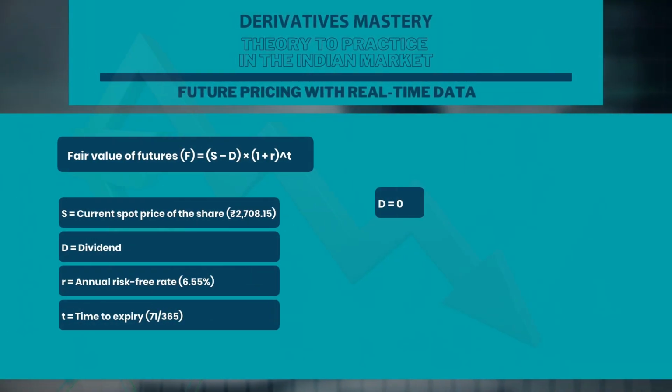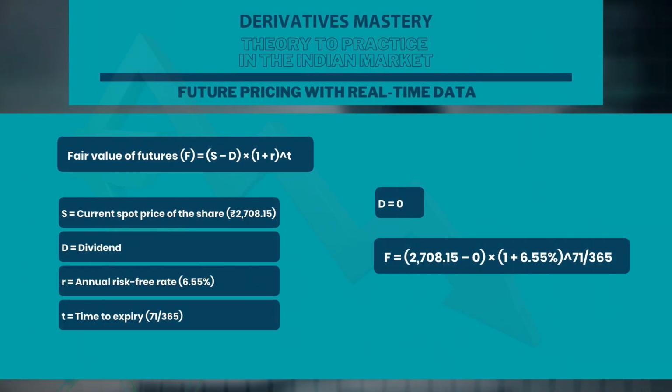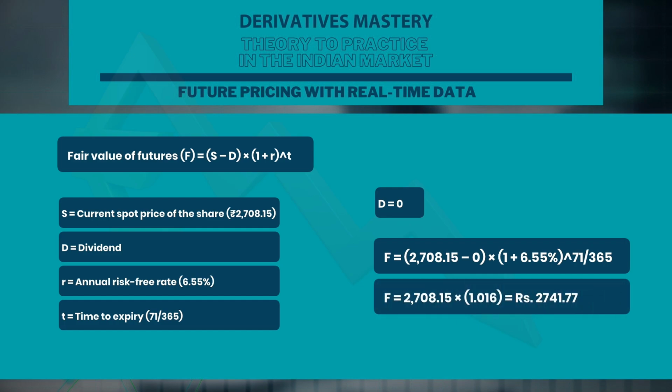Let's now apply the formula. So future price is equal to (2708.15 minus 0 dividend) into (1 plus 6.55%) to the power 71 by 365. This gives us 2741.77. The fair value of the Reliance future contract is 2741.77.